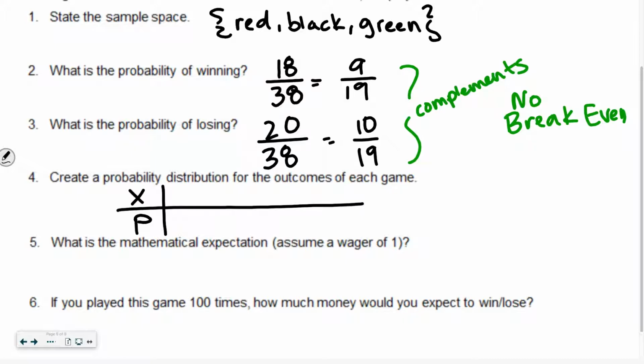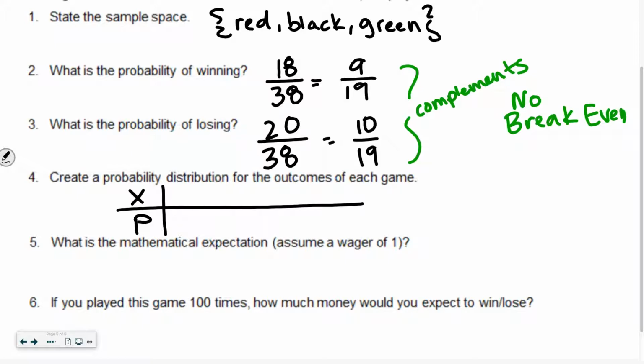This isn't an issue for us because right now our sample space is colors. But in the next example, your sample space is numbers, and that doesn't mean that's what you get when you finish the game. So you have to think about it like, if I land on red in the sample space, what's the value to me as a player if I made that $1 bet?